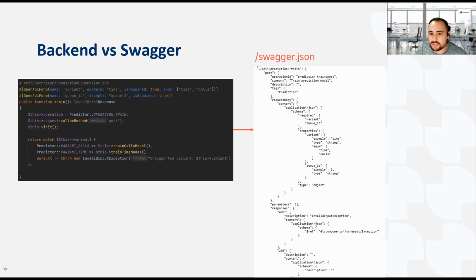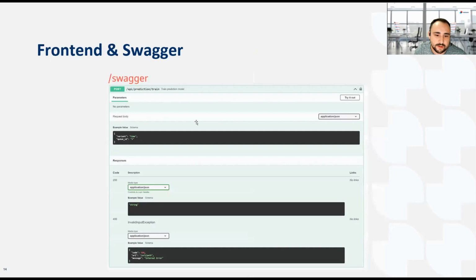This is available under /Swagger JSON, which is the path that we've configured in the web root, in the config file. You can definitely customize it. There is also another thing that is automatically created, which can be provided to customers or to other developers: /Swagger. It's an automatically generated Swagger UI.